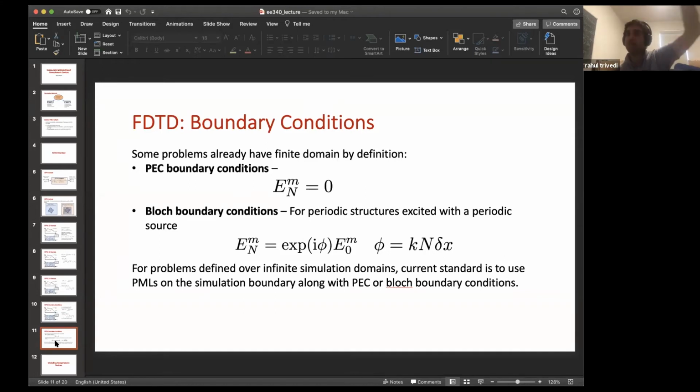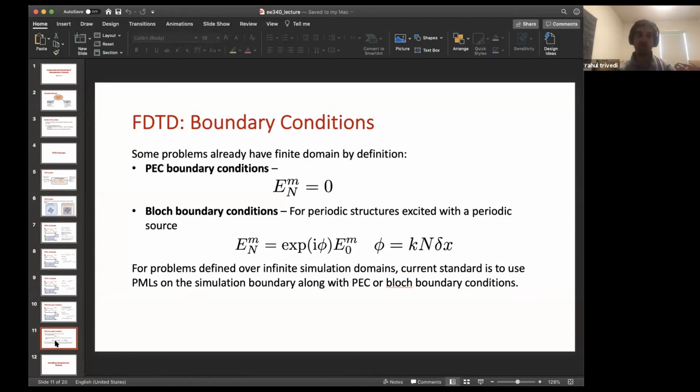You want to put some boundary condition on your field, right? But if I put a PEC boundary condition that is sufficiently far away from my device, in 3D we know that the fields would decay as 1 by r as you go further and further away from your device. So if I just put a PEC boundary condition at a sufficiently large distance, will that work? So that's a question.